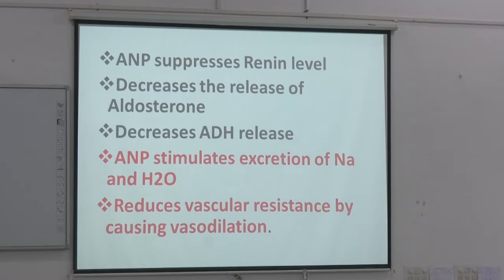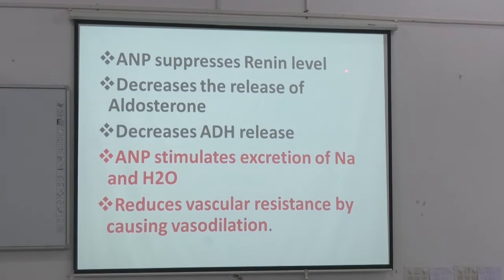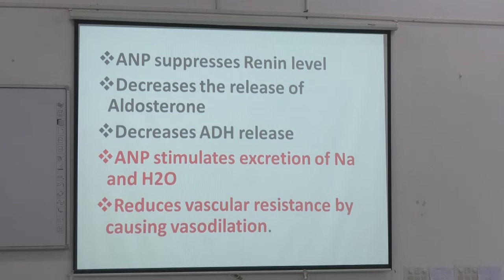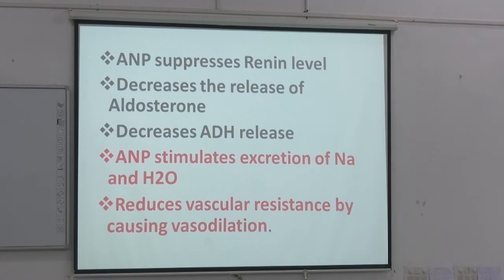Okay. Now ANP suppresses renin level, decreases the release of aldosterone, decreases ADH release, and some other functions: stimulates excretion of sodium and water, reduces vascular resistance by causing vasodilation. There are two processes.